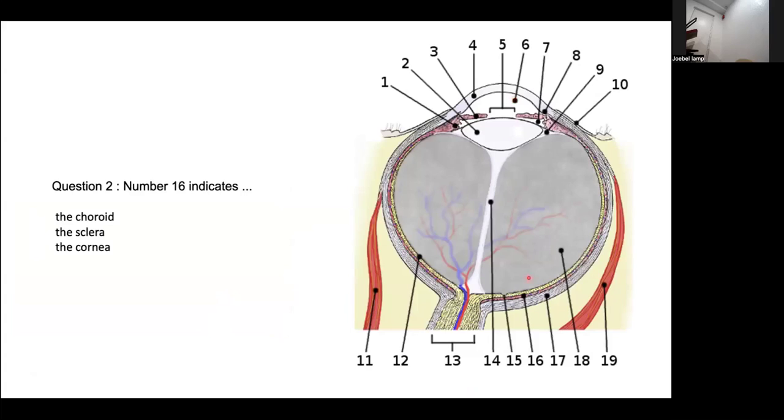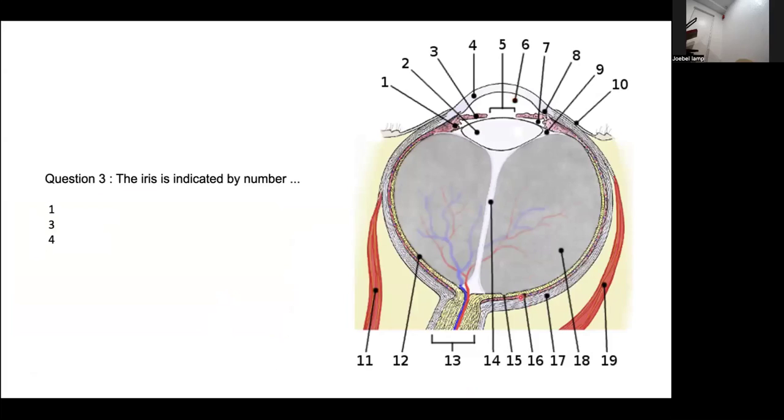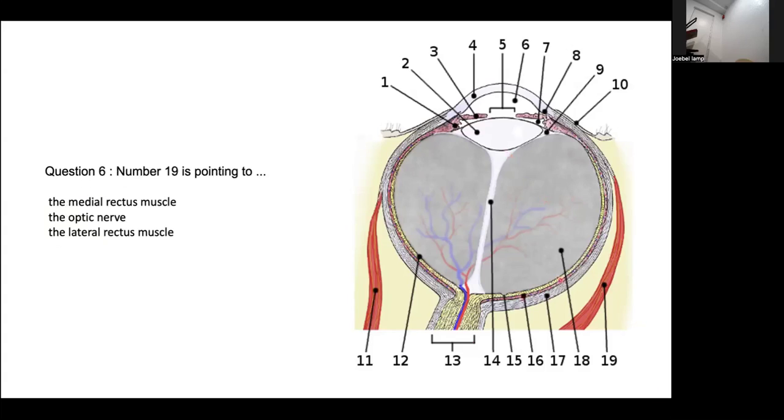Number 16 is choroid. Iris, what number? 3. Number 17. Sclera. The lens. Ay, sorry, dyan na pala. What number? 2.